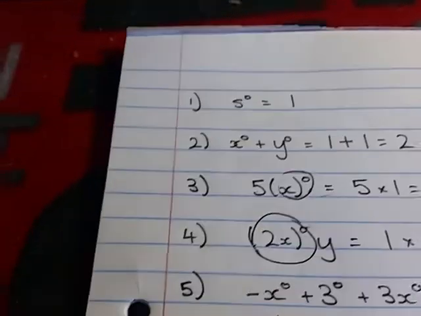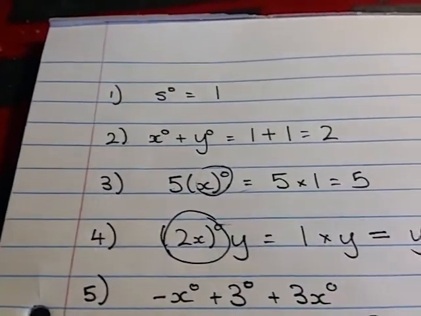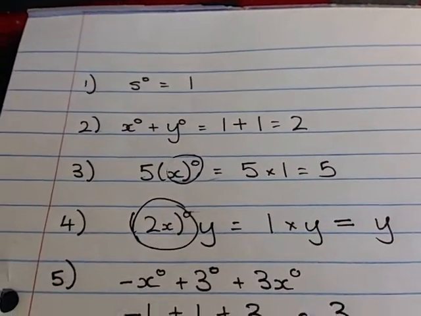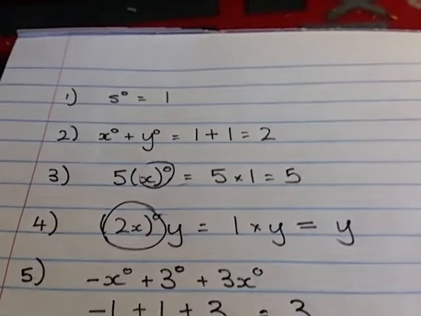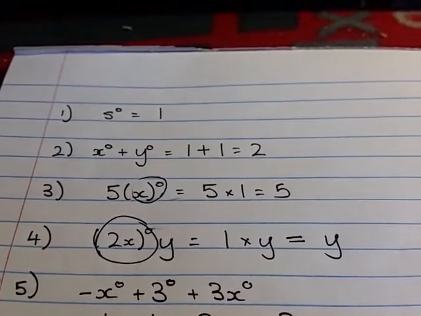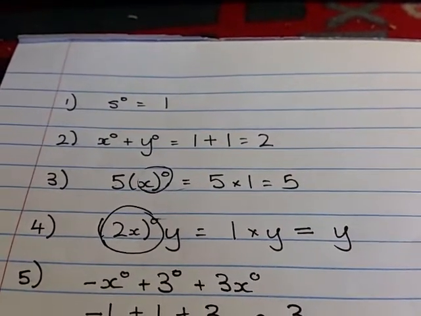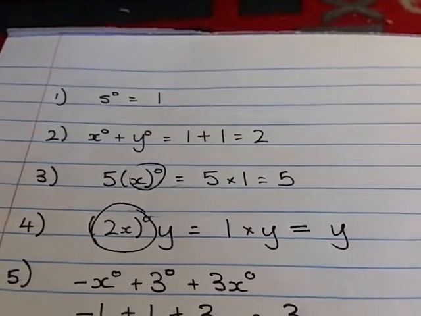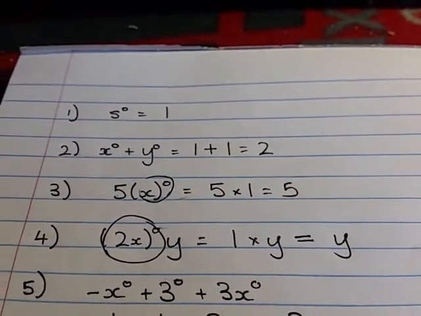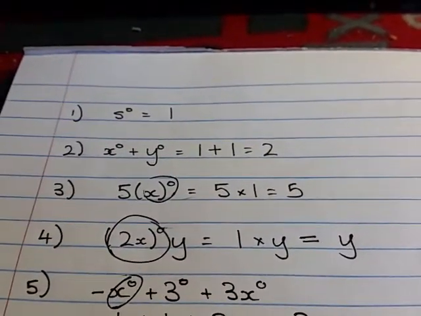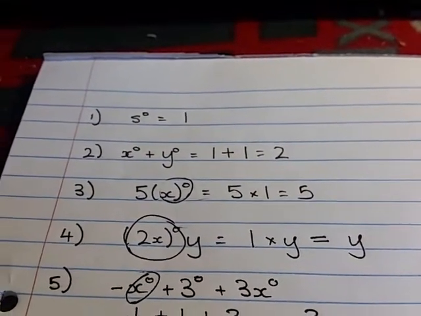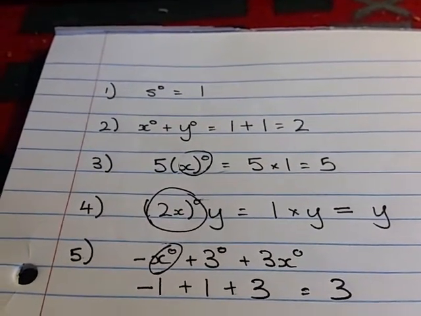Number 5, we have negative x to the 0, no brackets, plus 3 to the 0, plus 3x to the 0 with no brackets. Negative x to the 0, only this part gets turned into a 1. So that becomes negative 1 on the first pass.